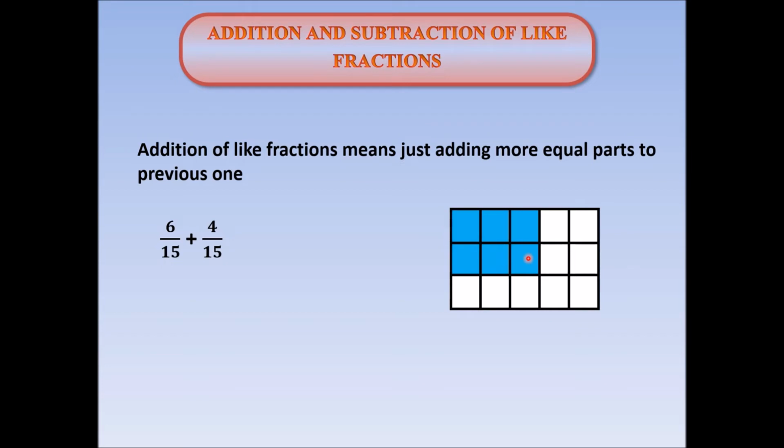With the rectangle and 6 selected parts, meaning 6 by 15, now simply we have to add this numerator, which is 4 here. 1, 2, 3 and 4.